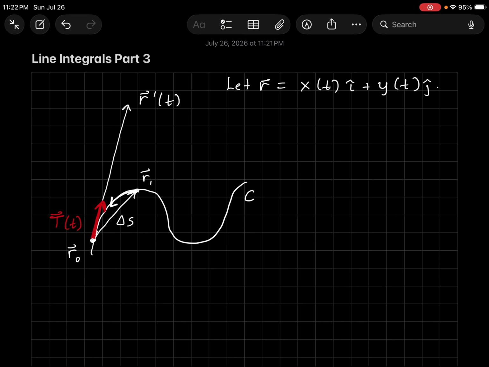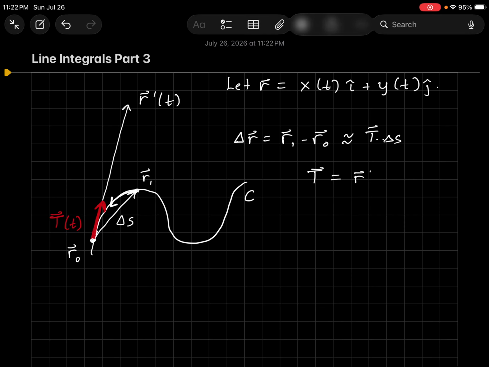And I want to consider the displacement vector, delta r, equals r1 minus r0. And my claim is that this is approximately T times delta s, where T is the unit vector r prime of t over the magnitude of r prime of t.